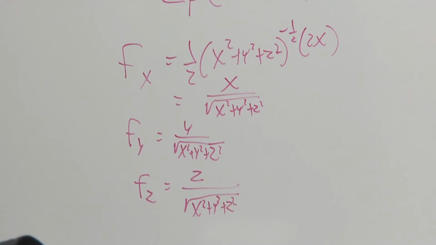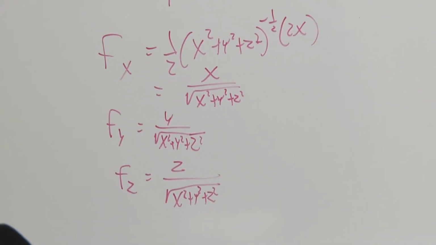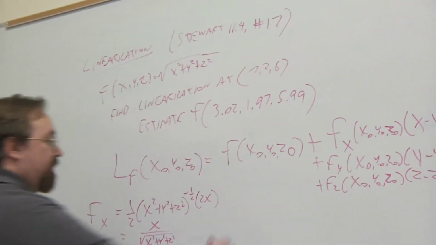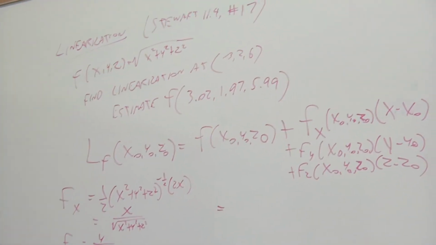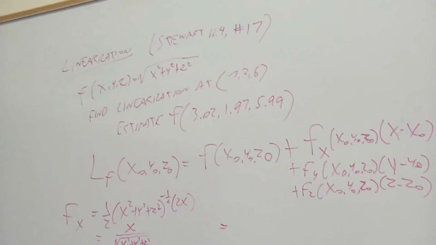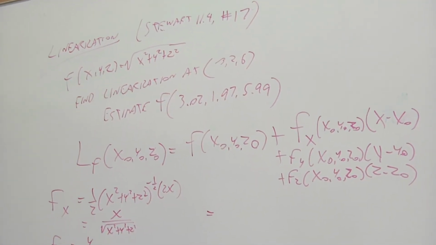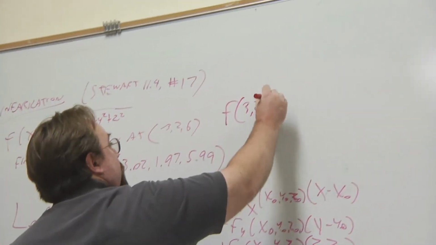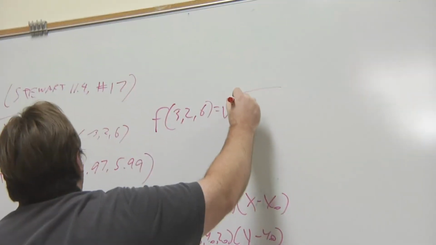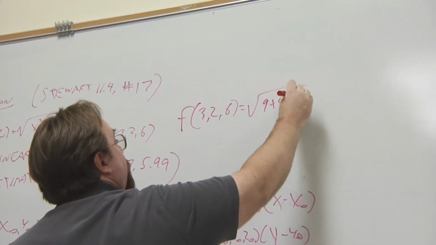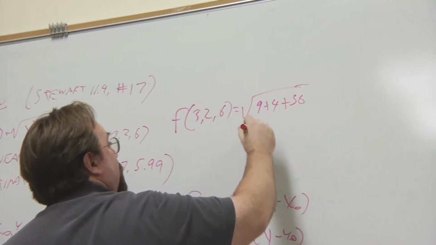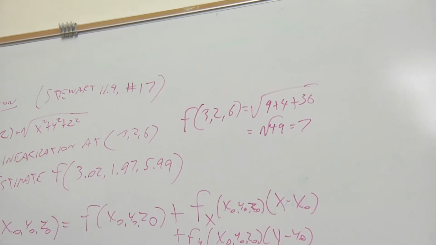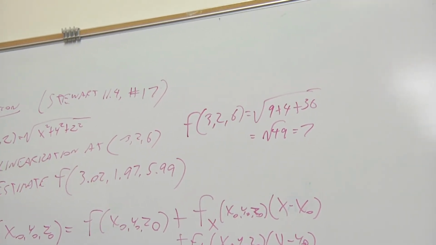So now we just need to do a whole lot of plug and chug with this point. So the function value: f of 3, 2, 6 is the square root of 9 plus 4 plus 36, which is the square root of 49. That worked out way too nicely. So we'll have 7.